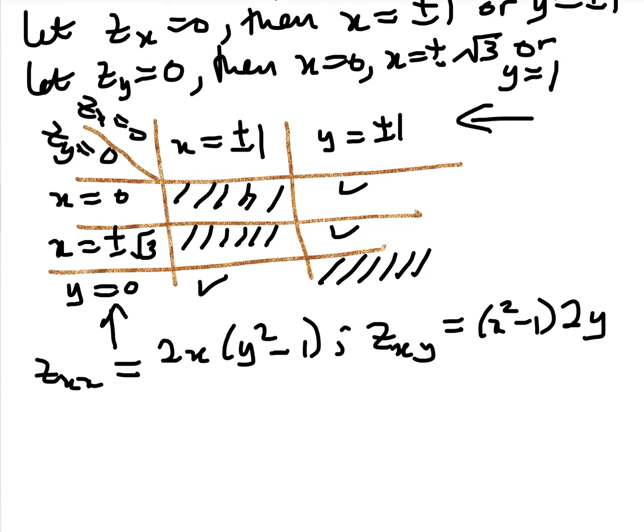Right. Derivative of z with respect to y twice. This is clearly taking zy with respect to y. You get 2 times 1/3 x cubed minus x.